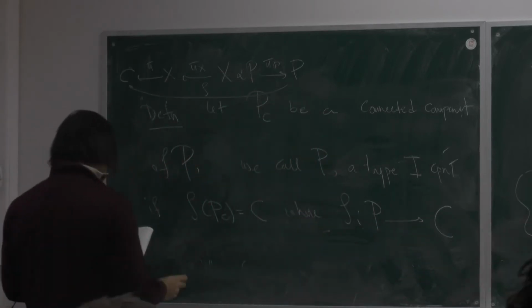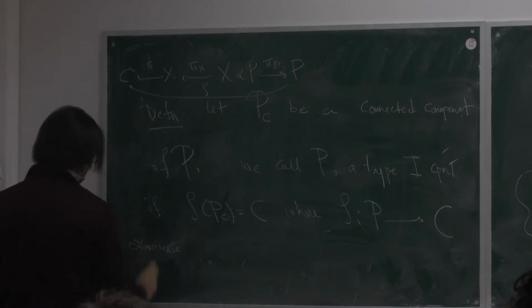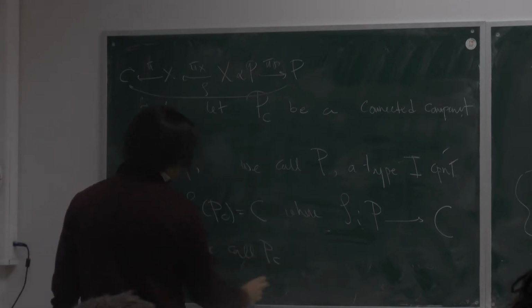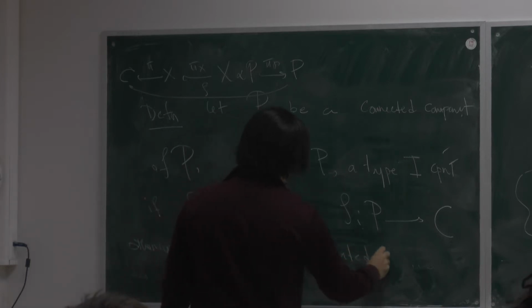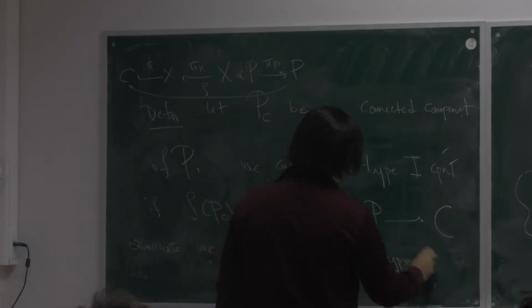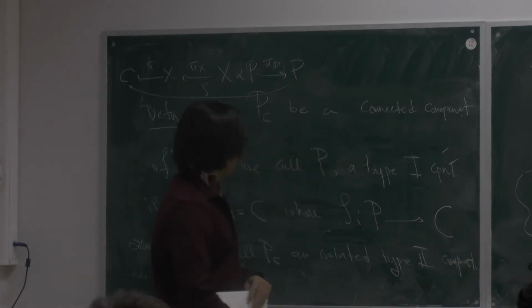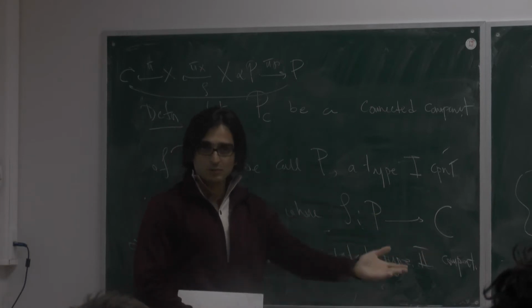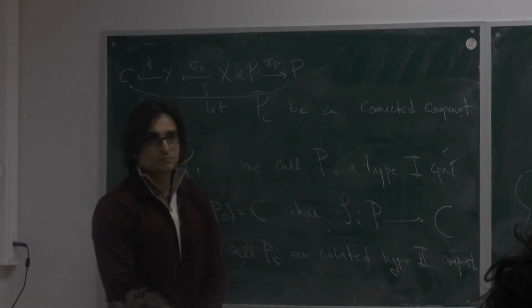Otherwise, we call P_FC an isolated type 2 component. So if the image under this natural projection is all of the curve, we call it a connected type 1 component. Otherwise, if it is isolated, we call it a type 2 component. Okay.